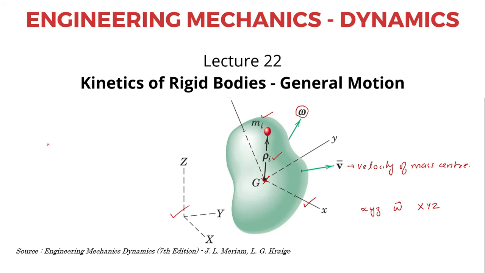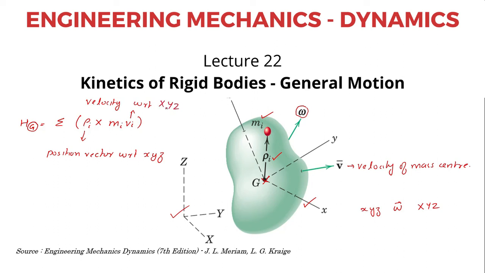So here the angular momentum of the rigid body with respect to the mass center, Hg, will be equal to sigma rho i cross mi vi, where rho i is the position vector with respect to small xyz, and vi is the velocity of the particle mi with respect to not small xyz but capital XYZ. That you have to keep in mind.